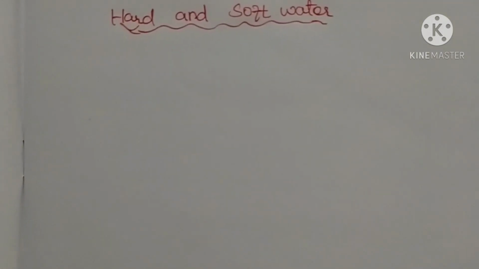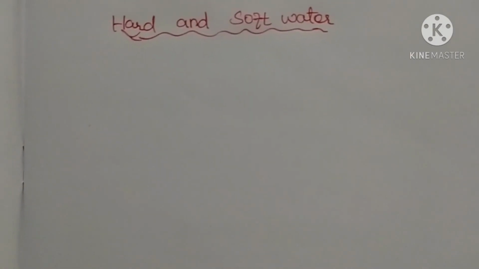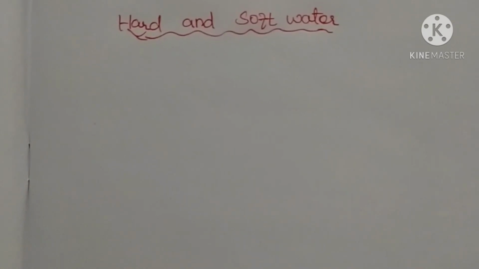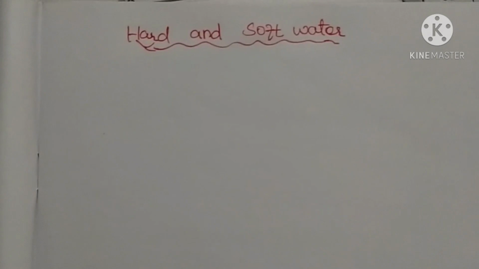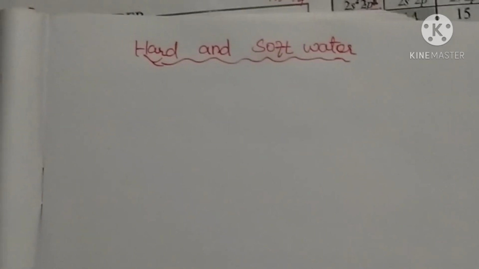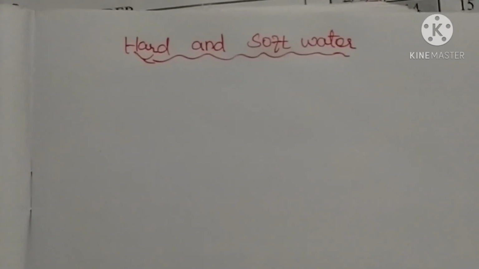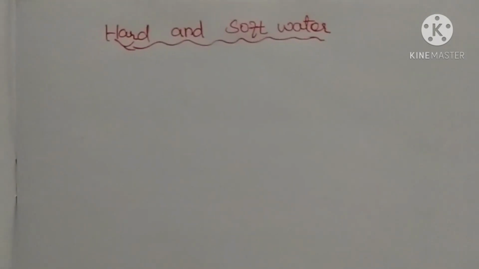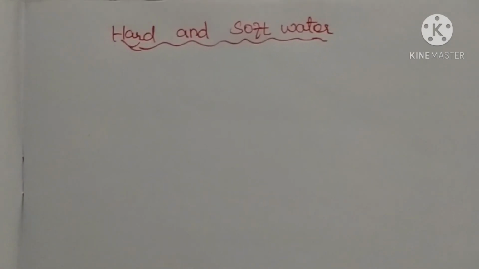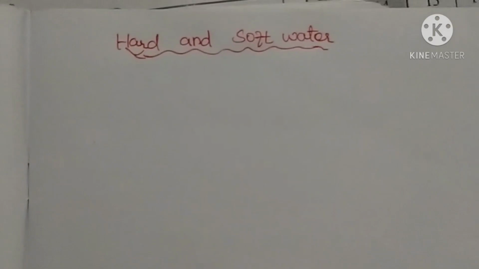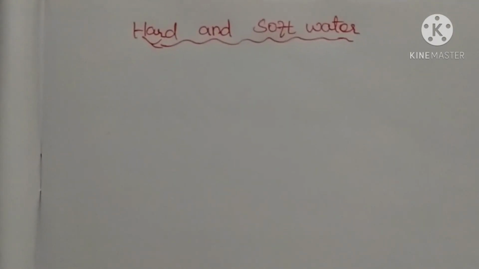For example, magnesium bicarbonate, calcium bicarbonate, calcium chloride, magnesium chloride, magnesium sulfate, calcium sulfate. These compounds formed by the dissolved cations like magnesium and calcium make the water hard.